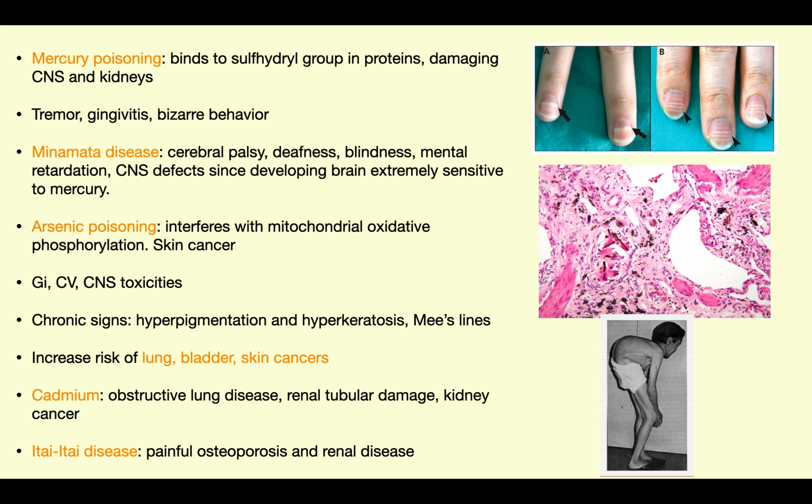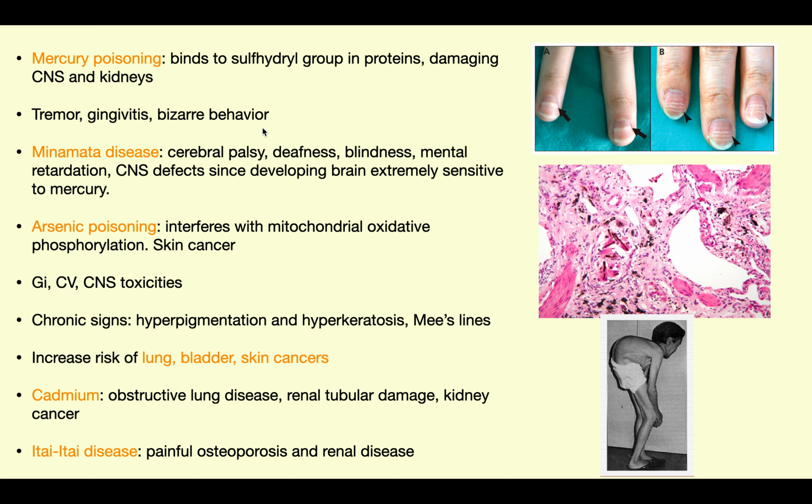Okay, so mercury poisoning is going to bind to the sulfhydryl group in the proteins, and it damages the CNS and the kidneys. It's going to result in the tremors, gingivitis, bizarre behavior, and it is very, very dangerous to newborns, or not just newborns, but developing fetuses. So mothers or mothers to be should avoid any kind of fish with high mercury levels.